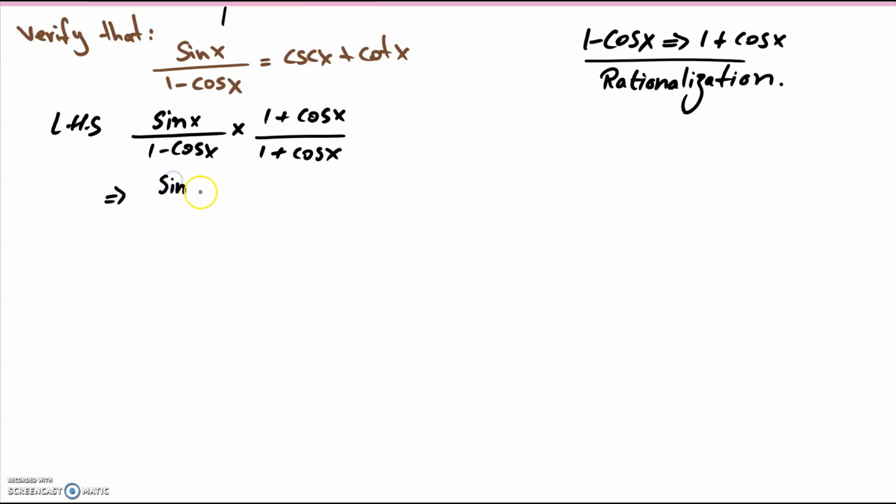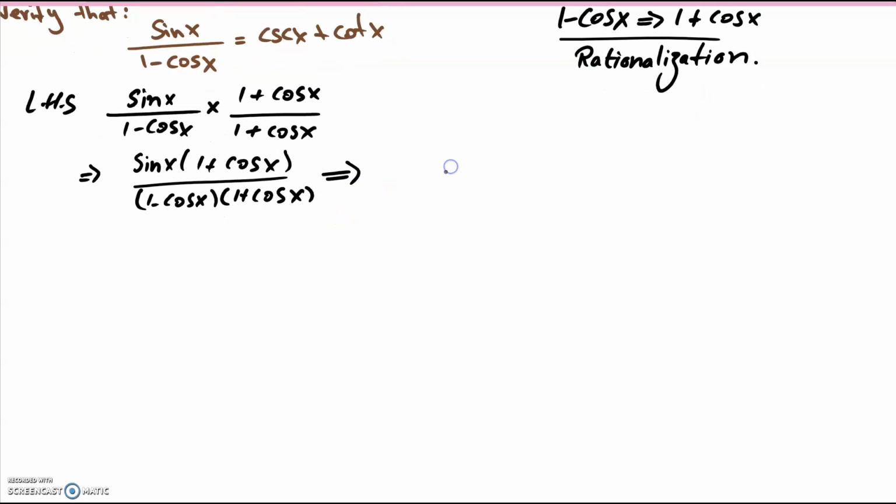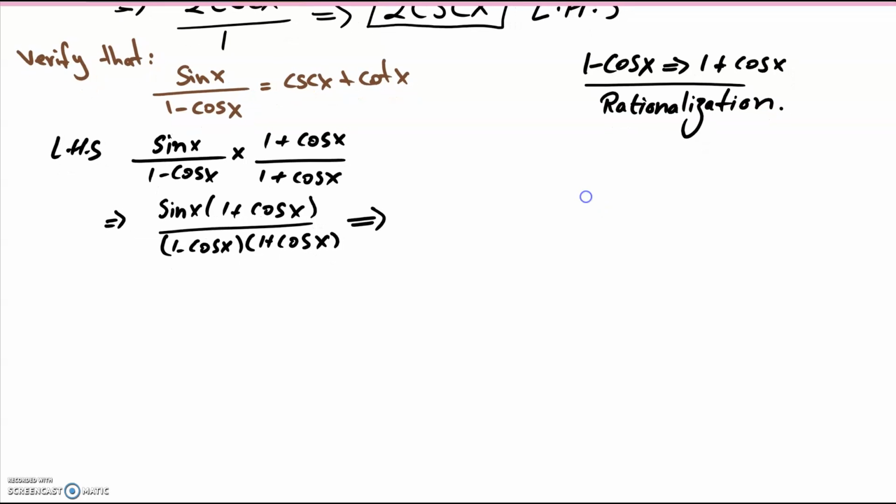It's going to be sine x times 1 plus cos x over 1 minus cos x times 1 plus cos x. Now the next step is to simplify it. It's going to be sine x times 1 plus cos x over, now what is this? Again, it's the same formula. It will change into 1 minus cos squared x.